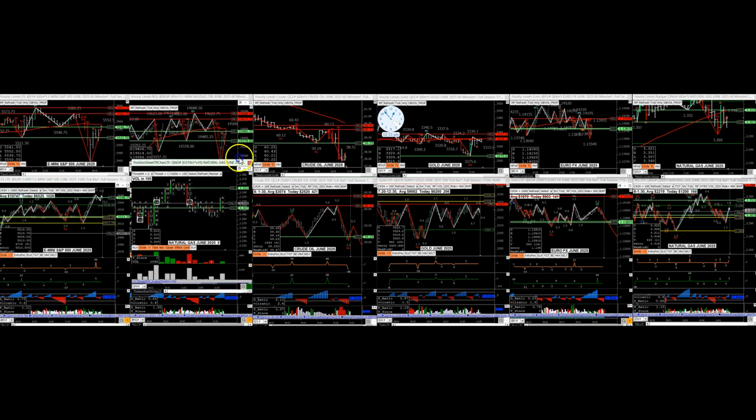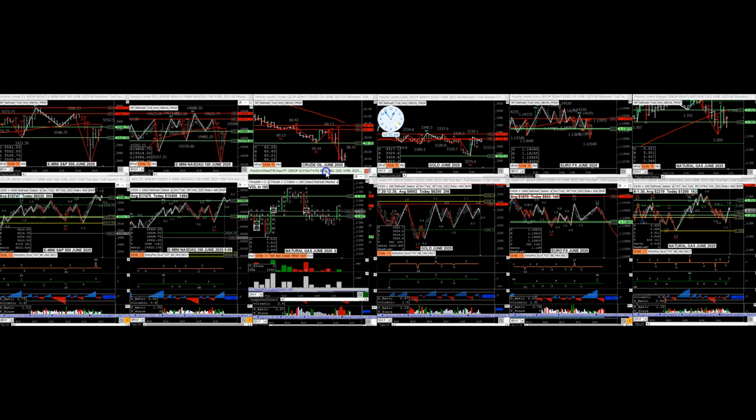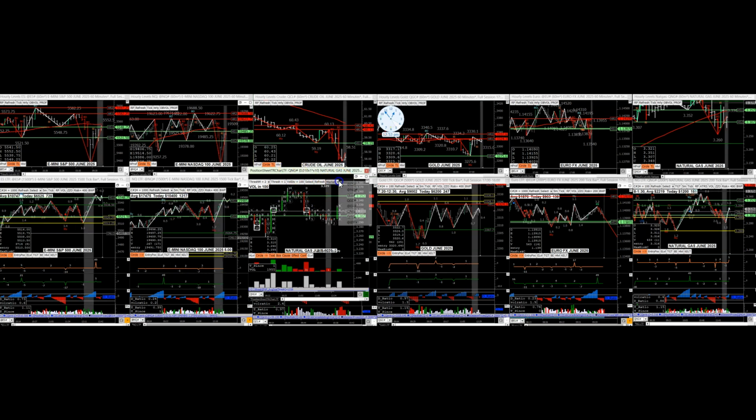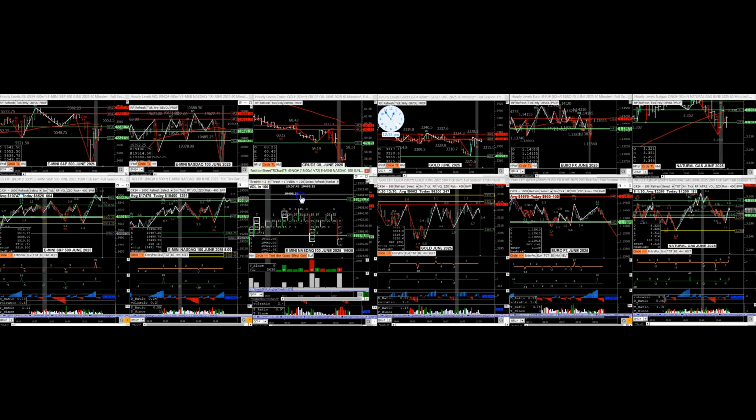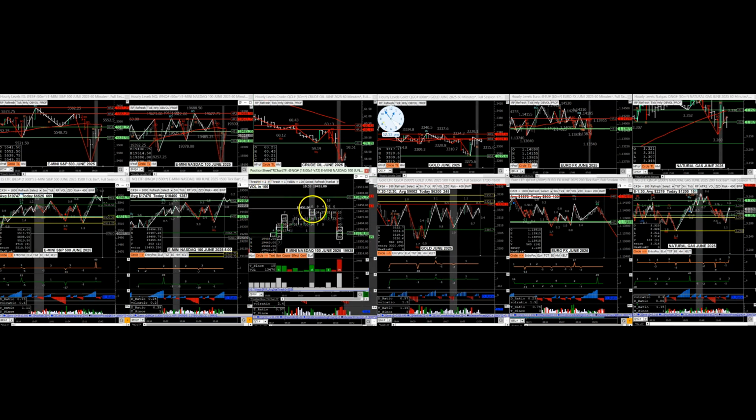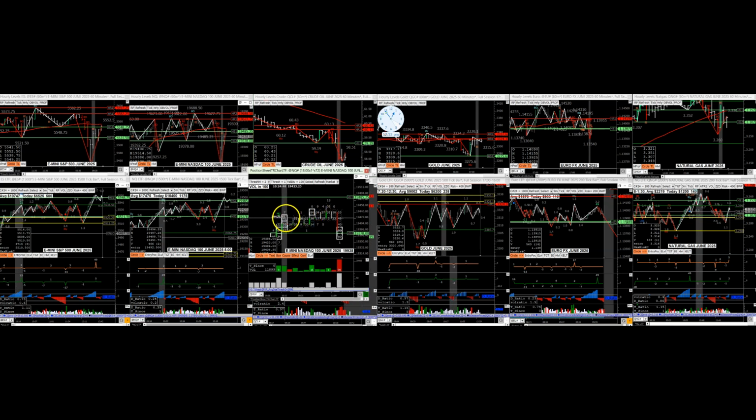All right. So while that's happening, go to tape reading chart. Let's see what exactly is up here. And we notice that the damage is coming right from here, which is 19,440. There were 8,400 contracts sold. This is what's causing that shortening of the thrust, because the sellers are there.